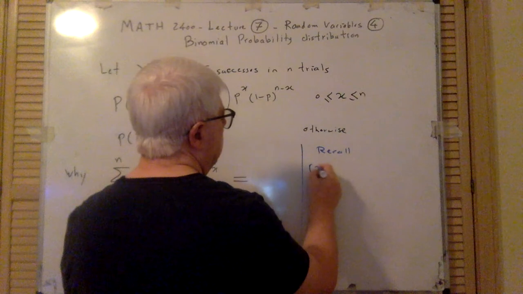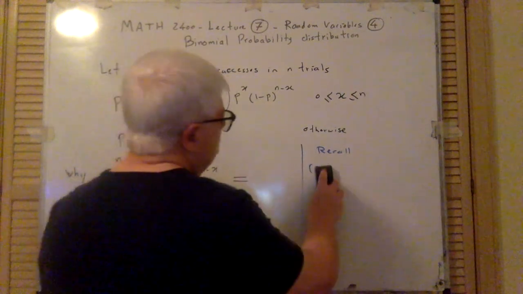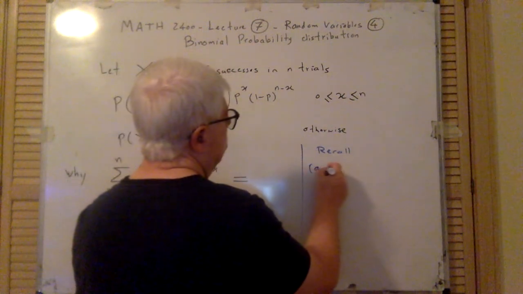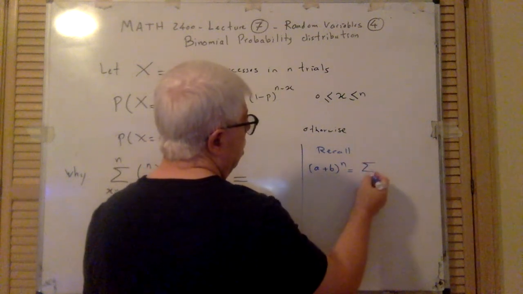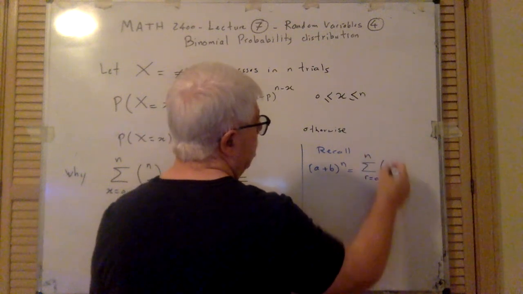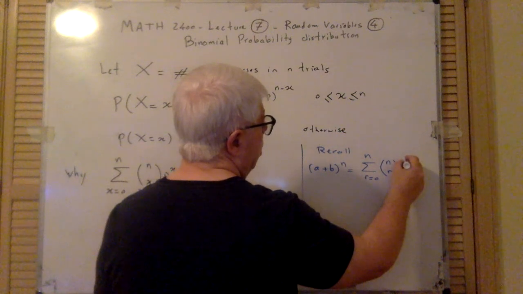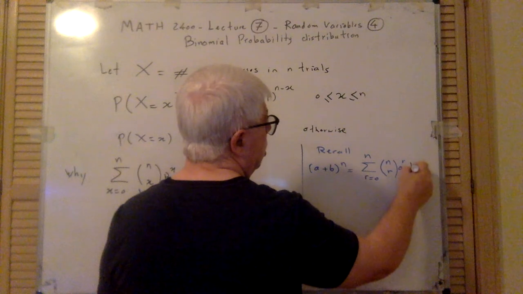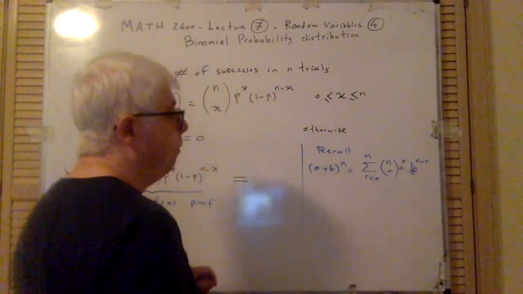Recall, if I had a plus b to power n, that was the sum over r from 0 to n of n choose r, a to power r, times b to power n minus r, right?